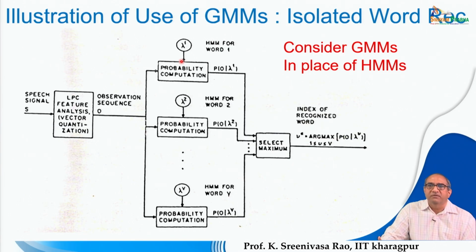Suppose in the case of word 1, we have 1000 or 10,000 samples. From each sample we extract the feature vectors as per the feature extraction process. We get several feature vectors, use all of them together, and then build the model. Building the model is, for example, when you have 1 million feature vectors corresponding to word 1.